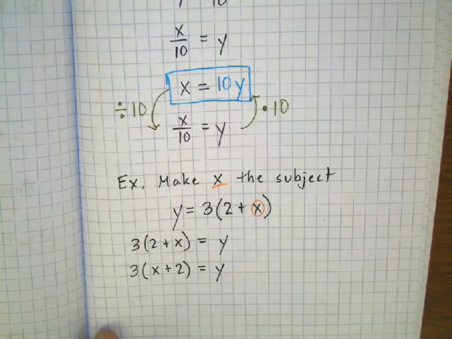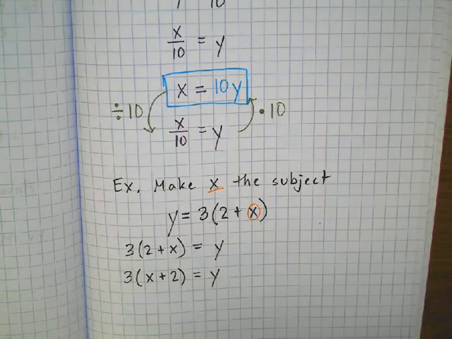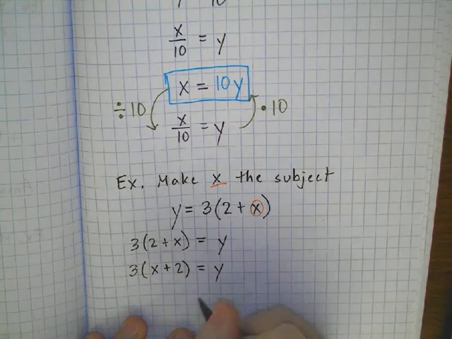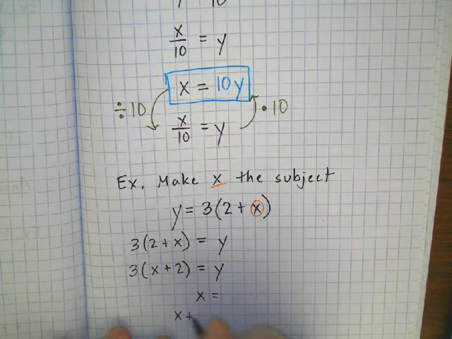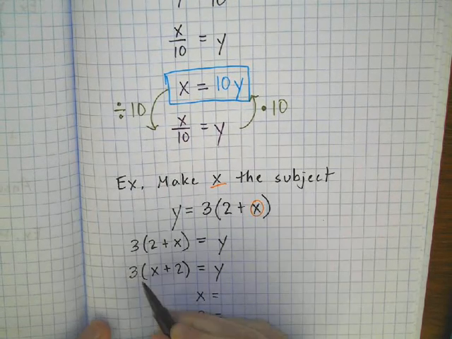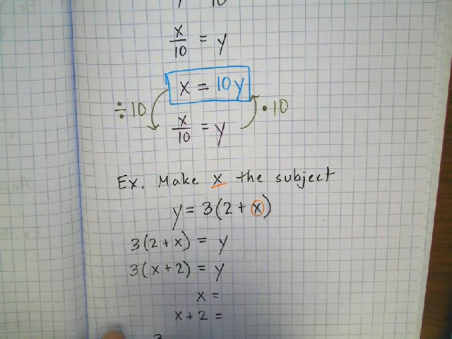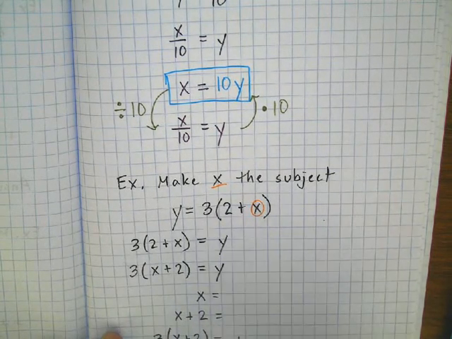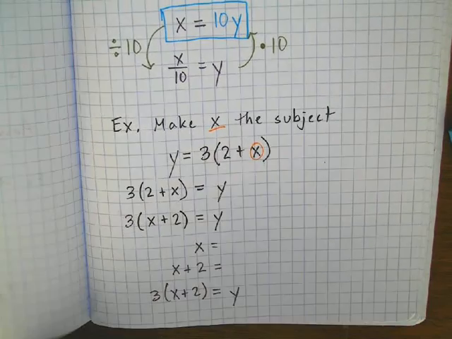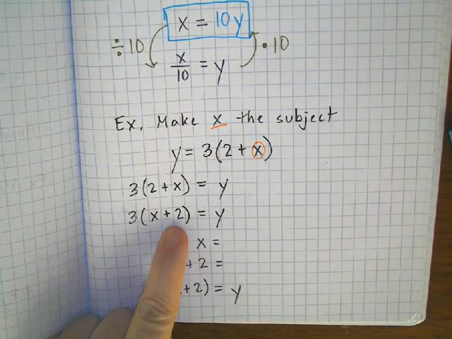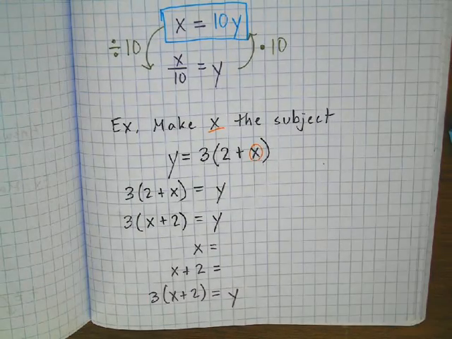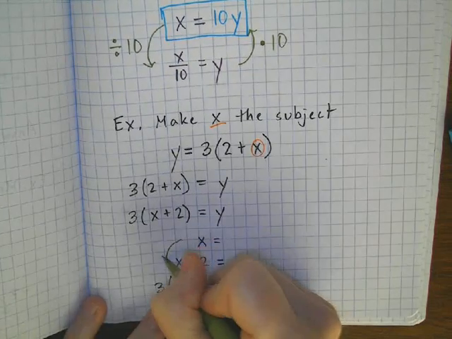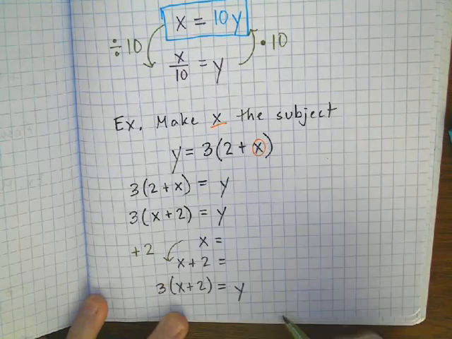All right, so I'm trying to get the x by itself. So x equals, what's happening to my x? It's being added by 2, and then it's being times by 3. So I see added by 2, and what's new here?